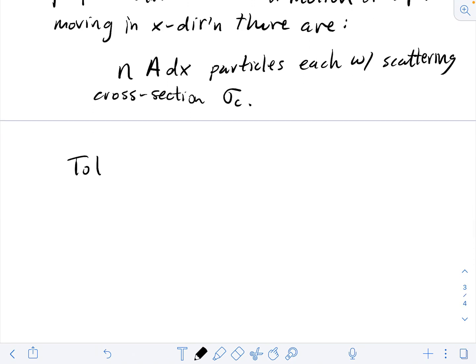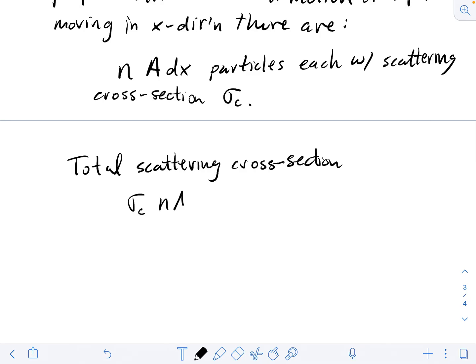Okay, so the total scattering cross-section inside this volume of space is the scattering cross-section per particle times the number of particles.